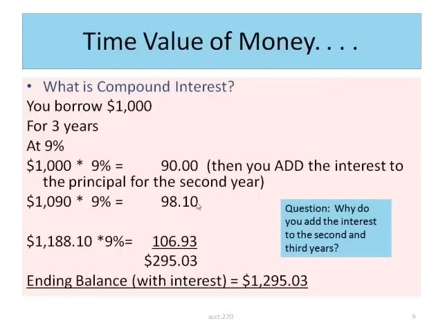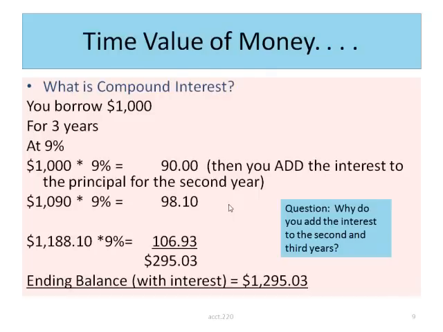So these interest amounts are going to grow because essentially you are borrowing more each year until you pay the loan back. So you're going to pay $295 in interest with compound interest. Compare that to the $270 that you paid. So at the end of 3 years, you're going to pay back $1,295.03.